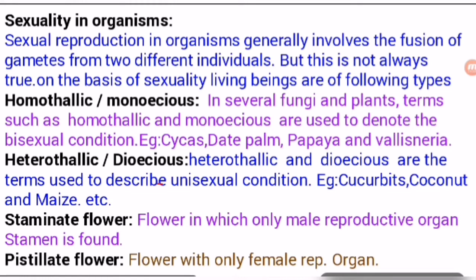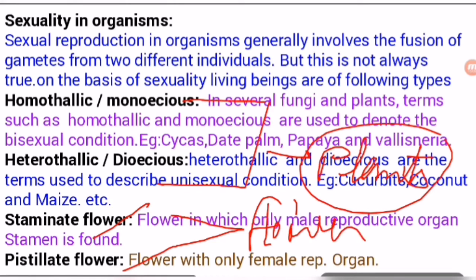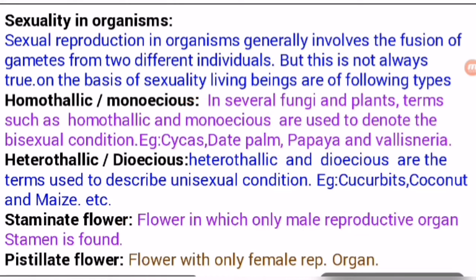So these two categories, students, were used for the plants or the whole individual, but staminate or pistillate are used only for flowers. So for flowers, staminate flower and pistillate flower. A staminate flower is one in which only the male reproductive organ is found.